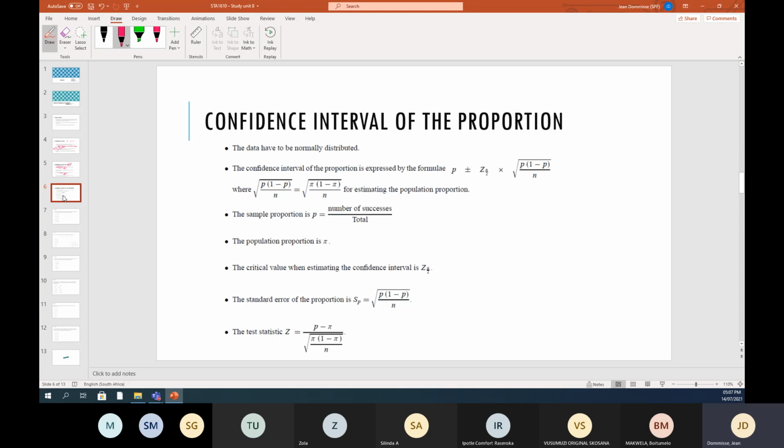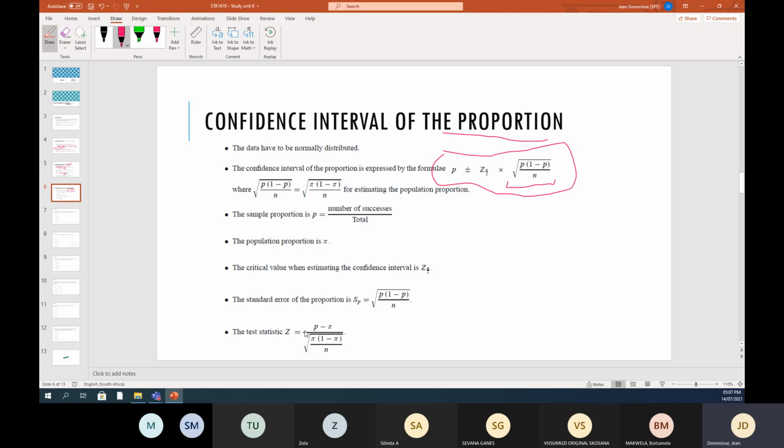Then the other one that we work with is the proportion, and this is your formula. Some of this you would have remembered from what we did previously, I think study unit 6 or 7, where we looked at how to calculate your z.